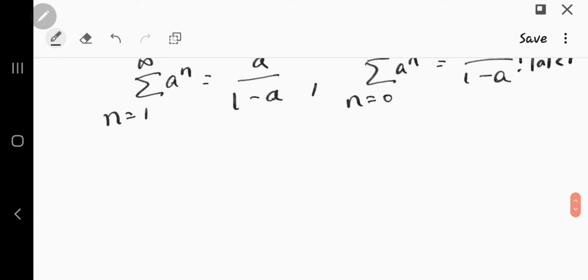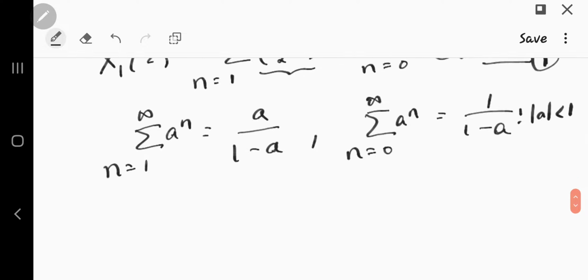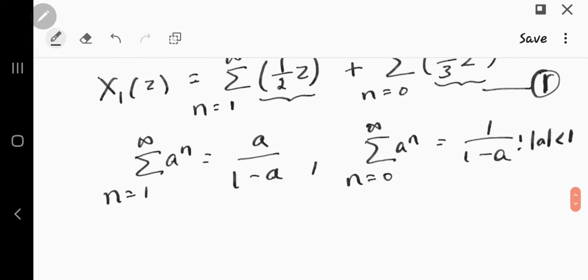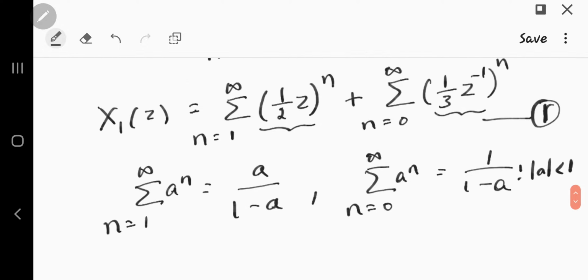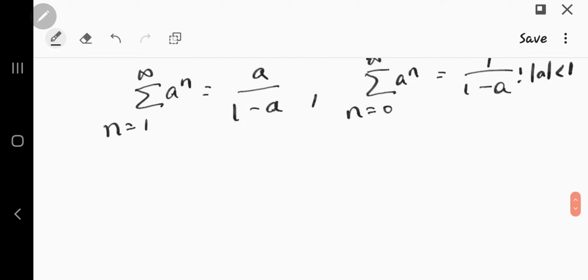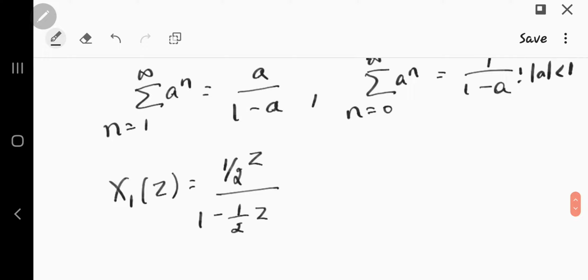Now applying this, in place of a we have 1 by 2 into z in the first term. In the second term we have 1 by 3 z inverse. So using that, you can write x1 of z is equal to 1 by 2 into z divided by 1 minus 1 by 2 into z plus 1 divided by 1 minus 1 by 3 z inverse.